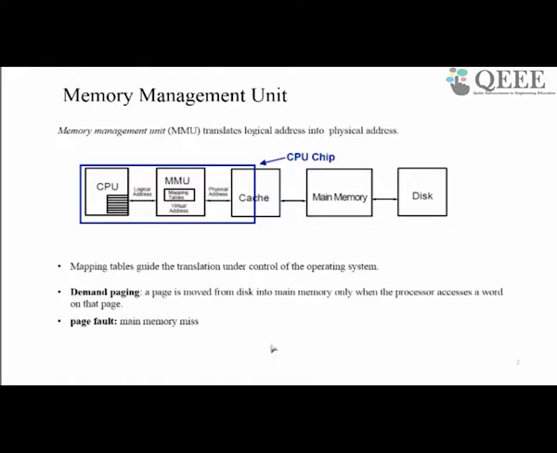The processor generates addresses which fall within the address space allocated to it. That is called the logical address, and the memory management unit translates it into a virtual address, depending upon where the pages allocated to this process are loaded.